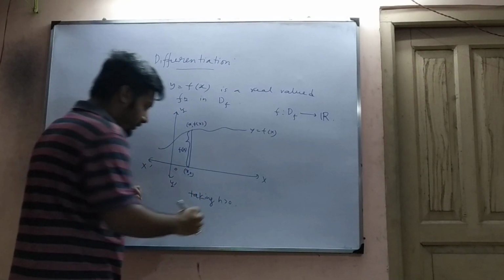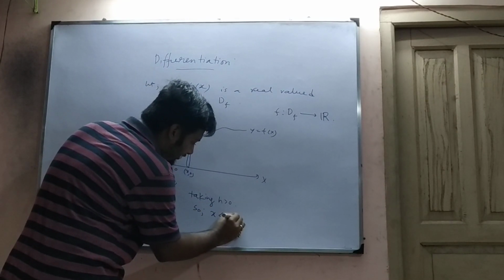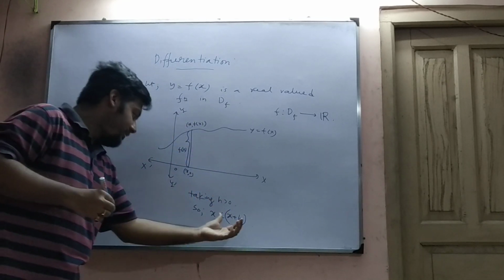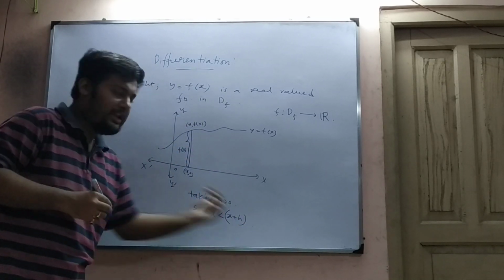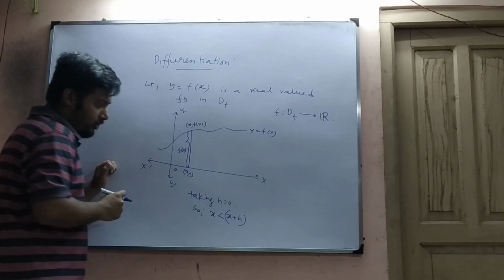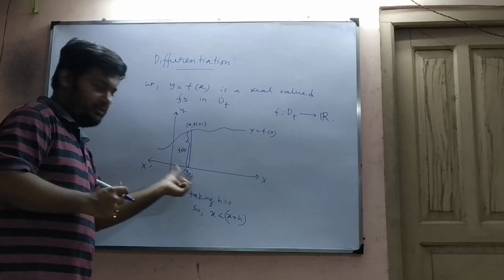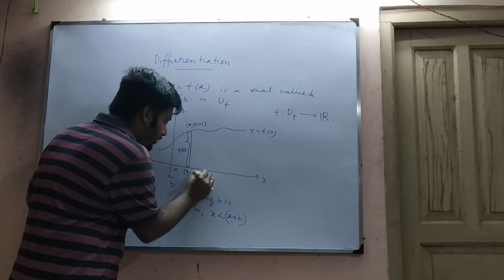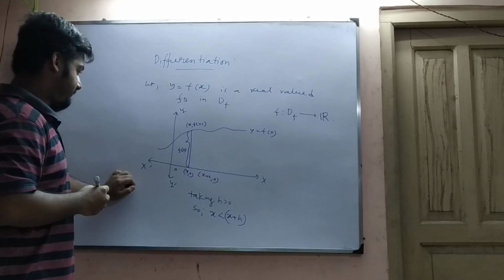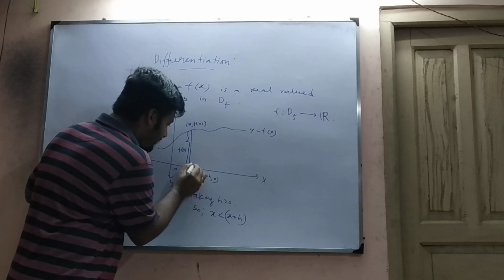So x is less than x plus h. So x plus h is greater than x. That means x plus h is a point which lies on the right side of that point. So you have another point (x plus h, 0), and this distance is h.